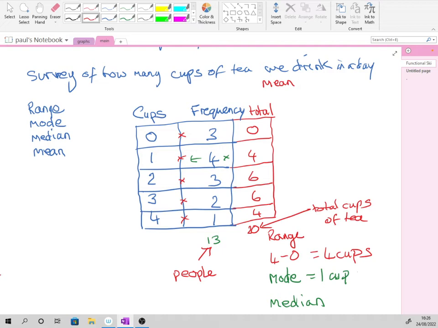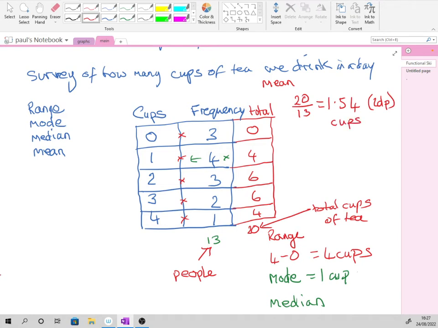Now, how do we find out what the mean average is? Well, we know we've got 20 cups of tea and we've got 13 people. So if we do the 20 cups divided by the 13 people, I'm going to get the calculator out for this, 20 divided by 13 equals 1.5, I'll round it to 2 decimal places, cups.